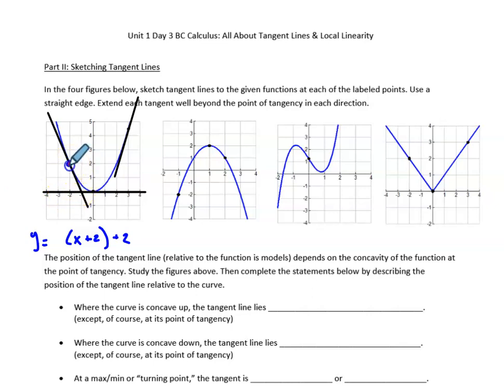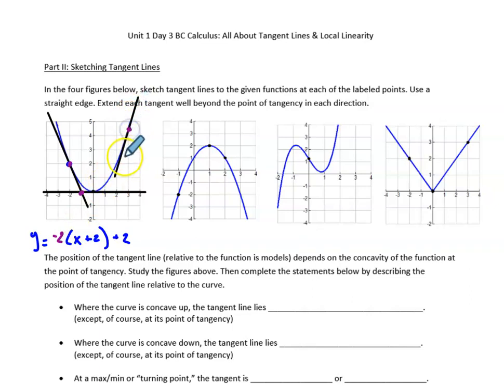You can use the point of tangency as one point, and then pick another point on the tangent line that you sketched that crosses a hash mark if possible. It looks like the slope here would be rise 2 and then left 1, so the slope is approximately negative 2. You could do the same thing with this other point of tangency.